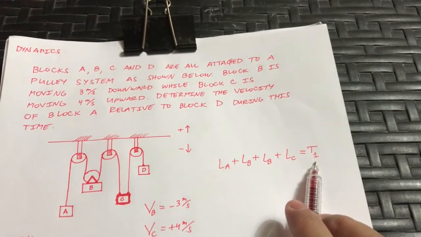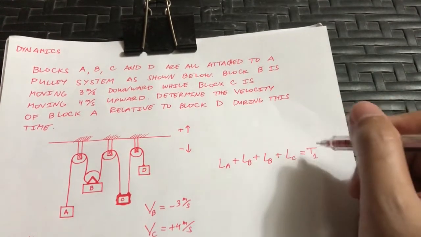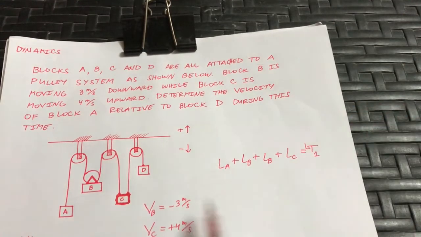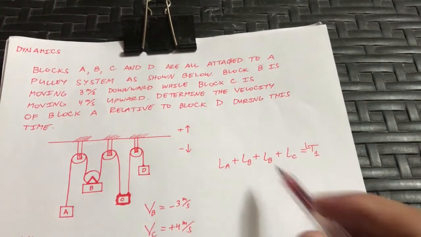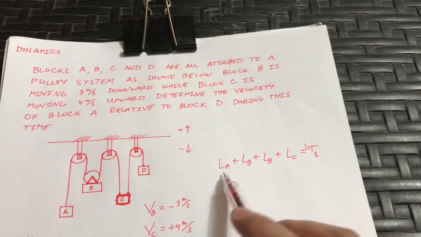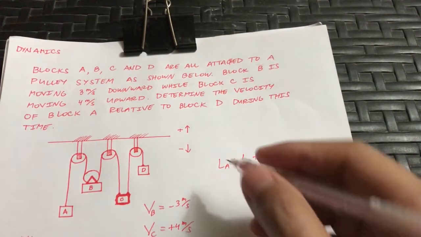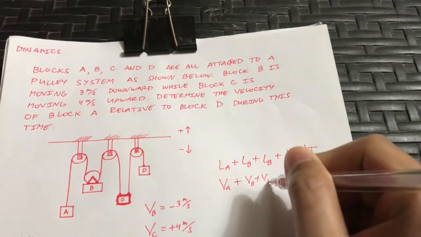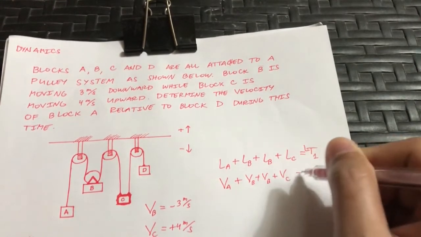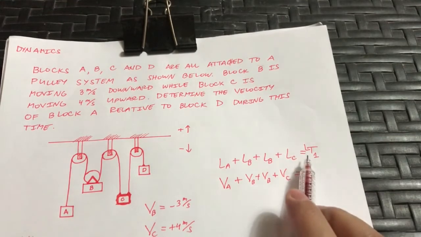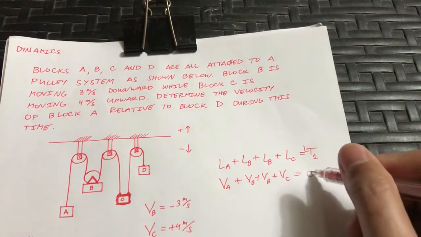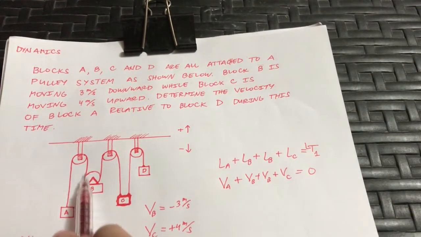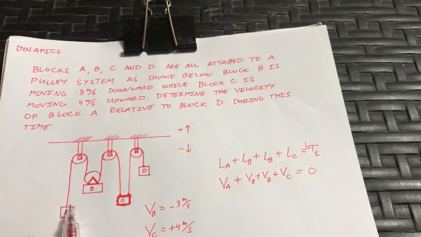If we take the first derivative, we get the velocities at A, B, B, and C. The derivative of the total length is 0 because the length of the rope is constant.